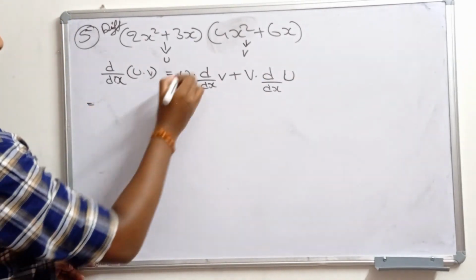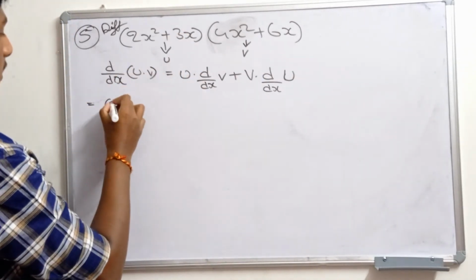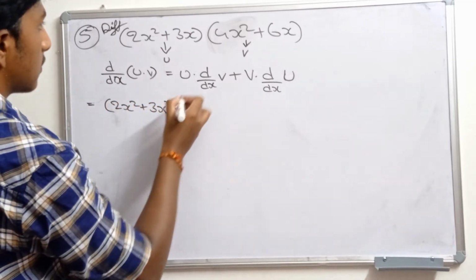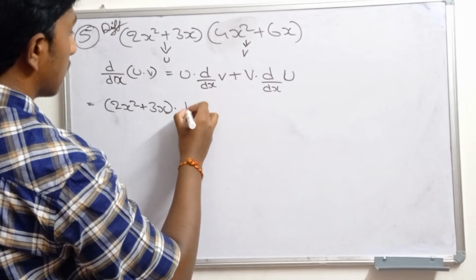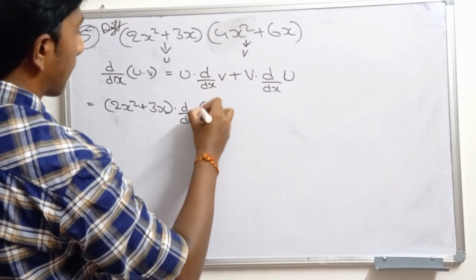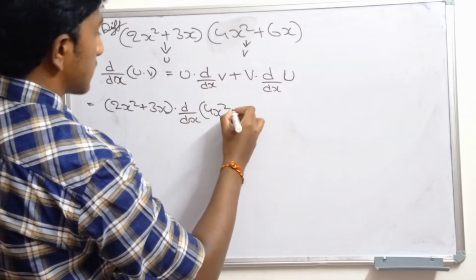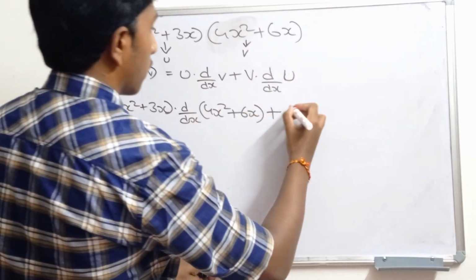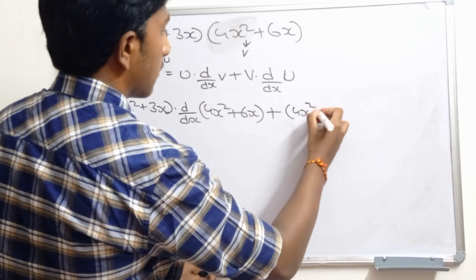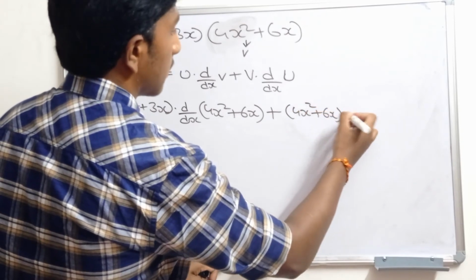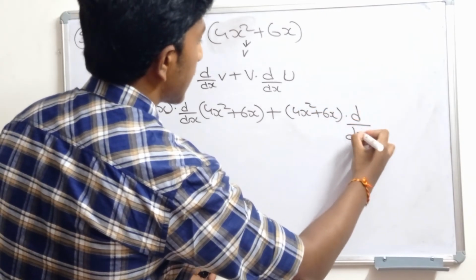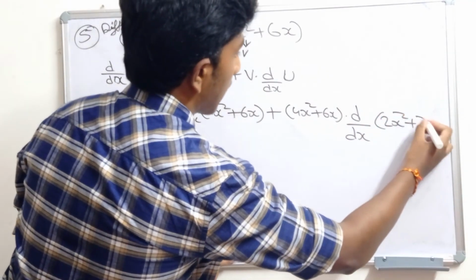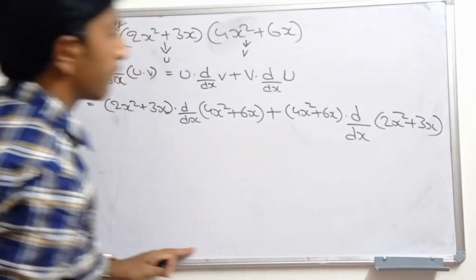So we'll be solving this. U means 2x square plus 3x into d by dx of 4x square plus 6x, plus 4x square plus 6x into d by dx of u, which means 2x square plus 3x.